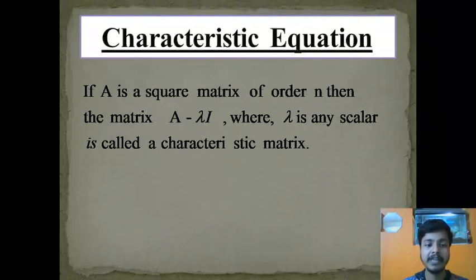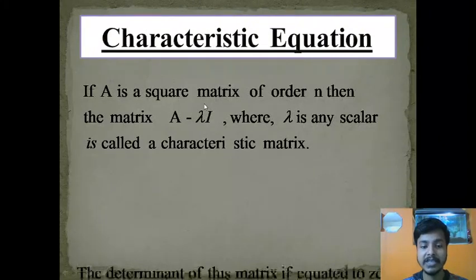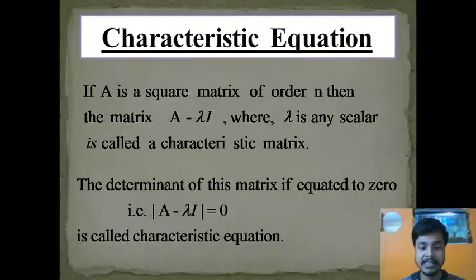If we have a matrix A of order n, then the matrix A minus lambda I, where lambda is any scalar quantity and I is an identity matrix of the same order as A, is called the characteristic matrix. Then what is the characteristic equation? When we take the determinant of this matrix and equate it to 0, we get the characteristic equation.